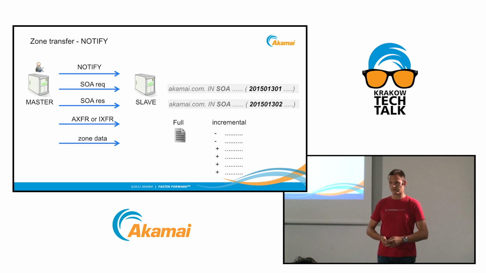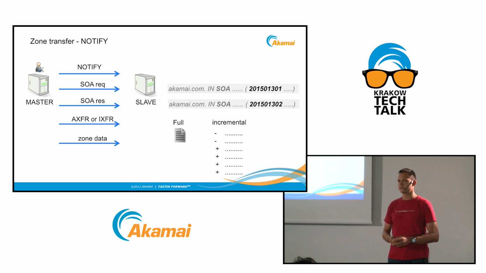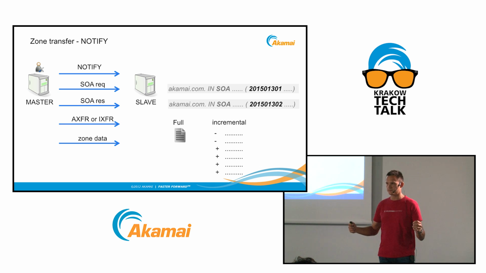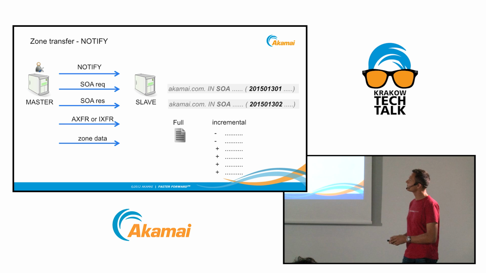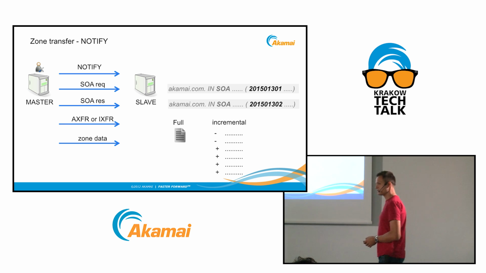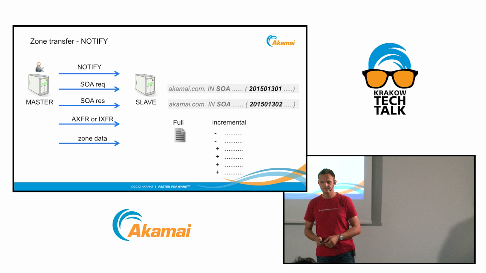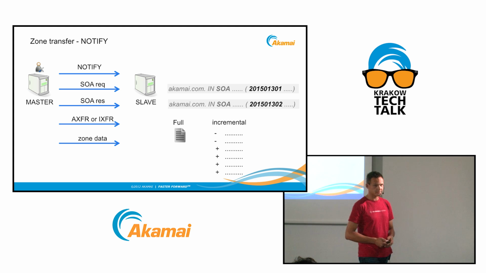So what is a zone transfer actually? Zone transfer allows us to keep master and slave synchronized so that they have the same knowledge about the zone file. How it works. Imagine you have your master server. You are the DNS administrator.